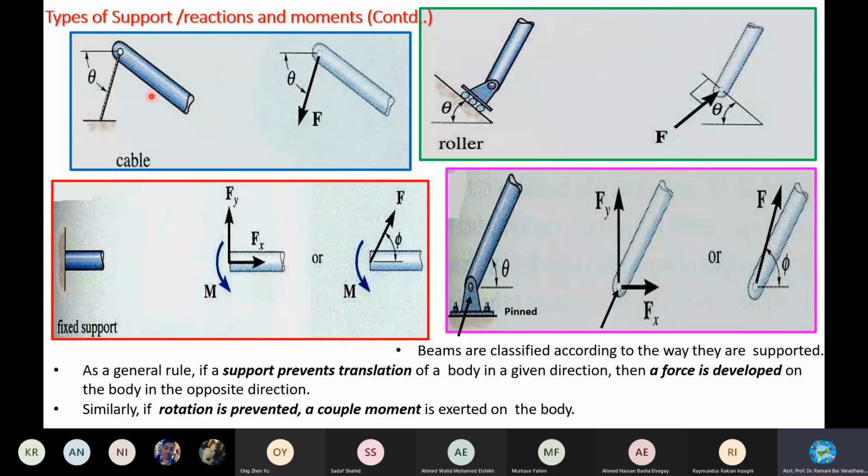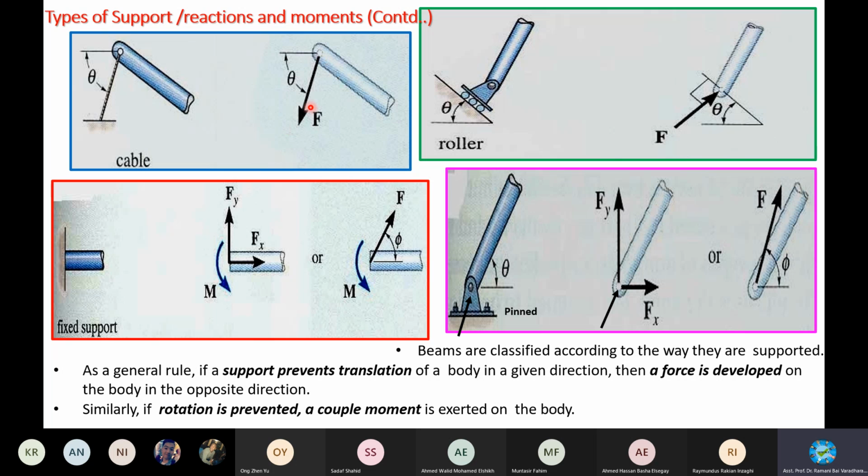Similarly, it can move in this direction, but not in this direction, right? If you consider it to be a plane, it can move like this because of the pin. It can move in this direction, to and fro, but cannot move in this direction. That's why it is applying a reactive force in this direction, equal and opposite, which is F. When you come here also, whether it's up or downward depends on the magnitude and the support.